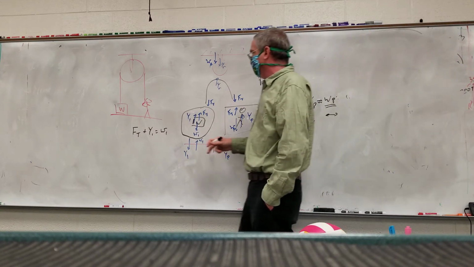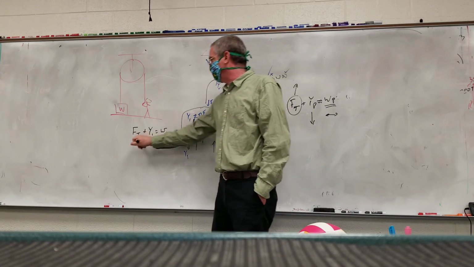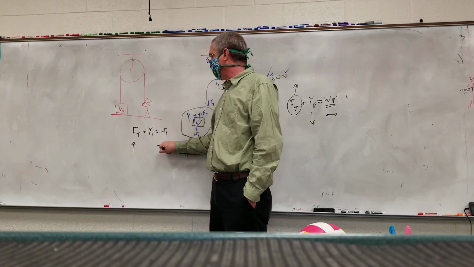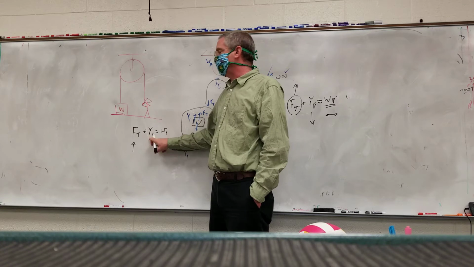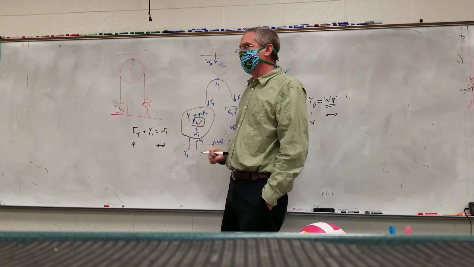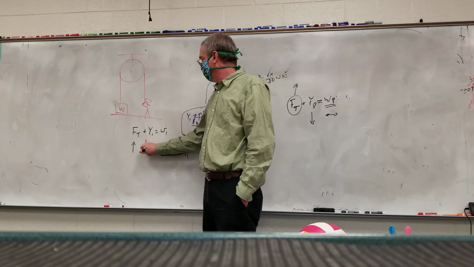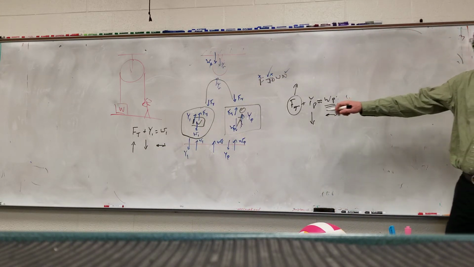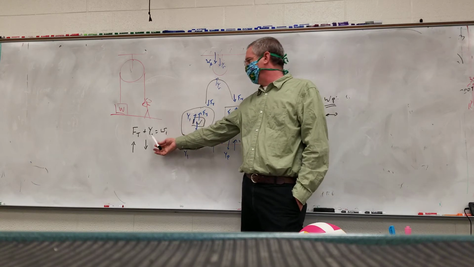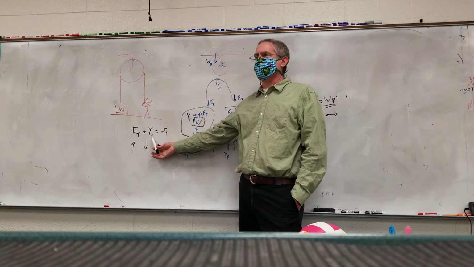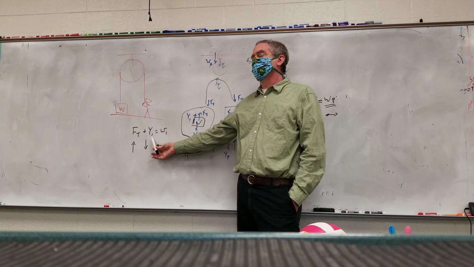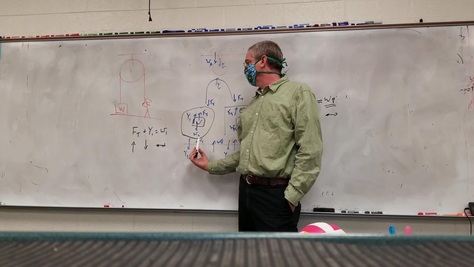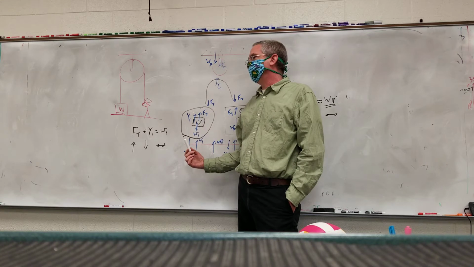Over here, if he increases the tension on his side, that means this tension goes up. That weight is not changing. And so what's happening to the normal force between the weight and the ground? At what point, if this over here is decreasing, does it disappear? When the tension equals the weight of the mass.